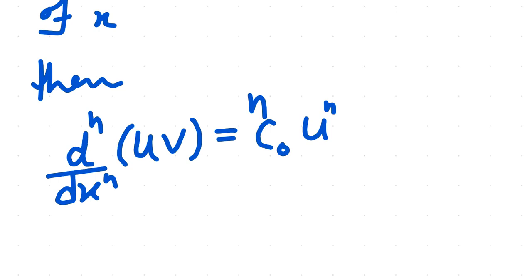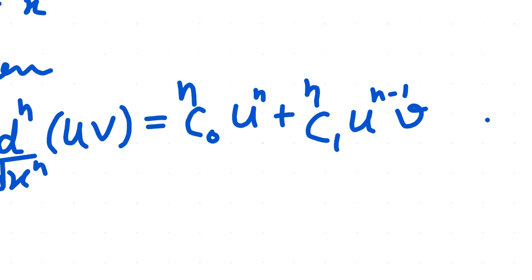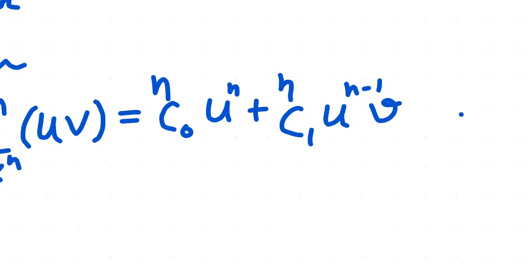plus nC1 into u, meaning the (n minus 1)th order derivative of u, into v, plus nC2 into the (n minus 2)th order derivative of u and the second order derivative of v.